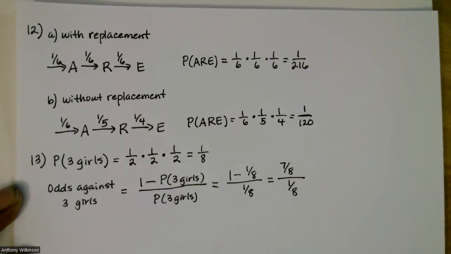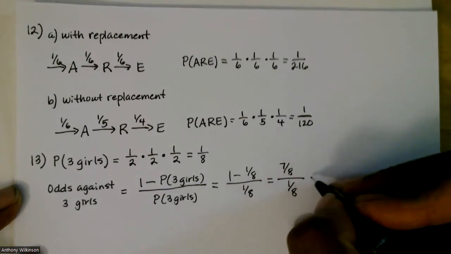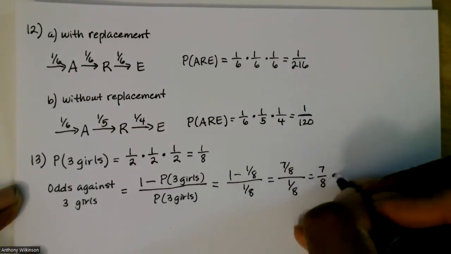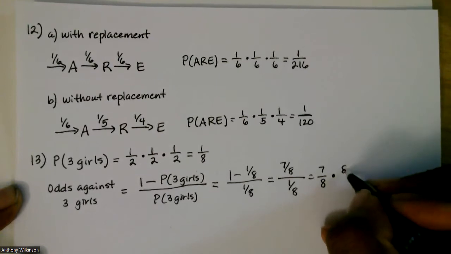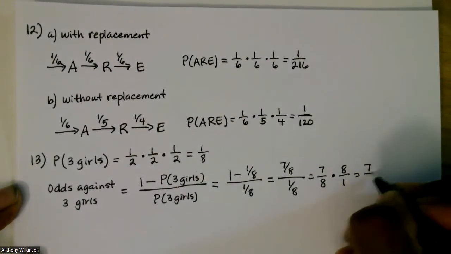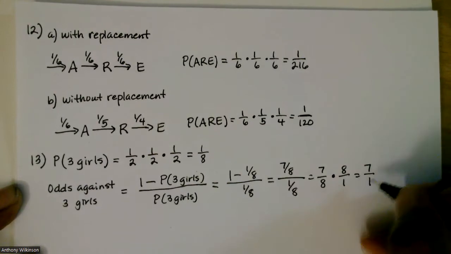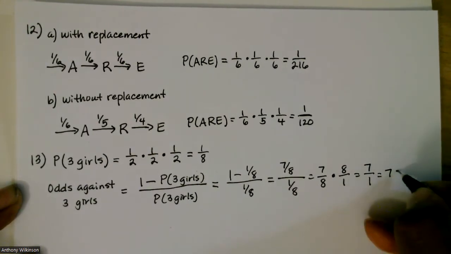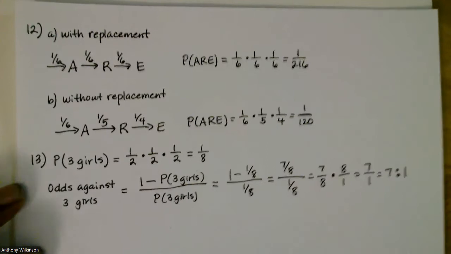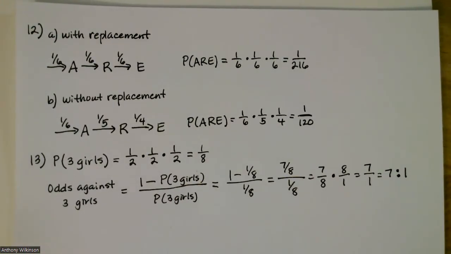I'm doing that for the sake of time. So if I do 7/8 times the reciprocal of 1/8, which is 8 over 1, it'll be 7 over 1. And we have to write this as 7 to 1. So the odds against having all girls will be 7 to 1. All right, that's problem number 13.